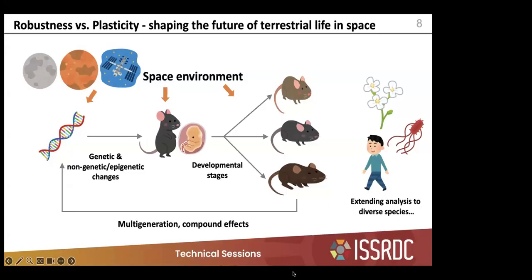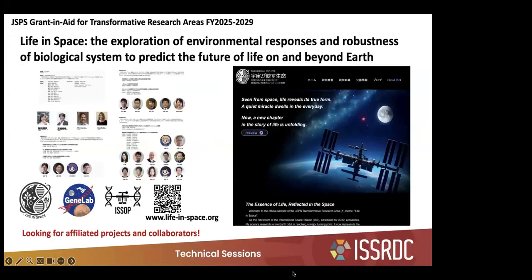Extending these studies to diverse species will help us model how terrestrial life, including humans, might adapt beyond Earth. So this umbrella funding covers microbes, plants, animals, and human studies, with diverse approaches for the exploration of environmental responses and robustness of biological systems to predict the future of life on and beyond Earth.